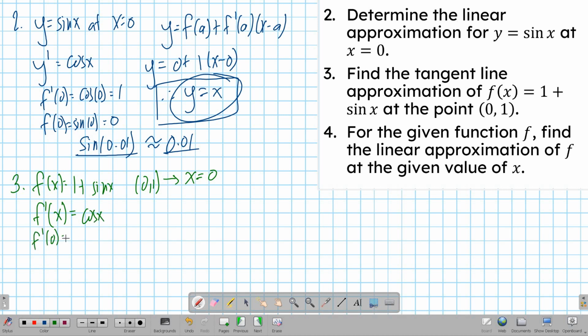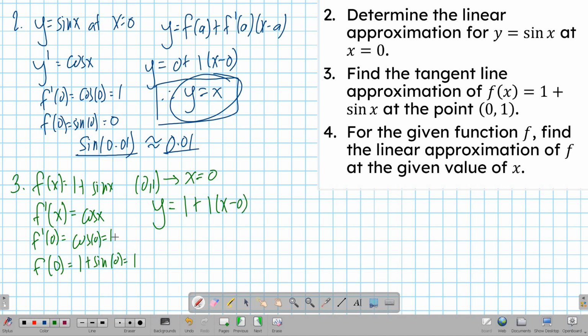Therefore, f prime of 0 is equal to cosine 0, which is 1. f of 0, on the other hand, is 1 plus sine 0, which is equal to 1. So our tangent line approximation is y is equal to 1 plus 1 times x minus 0.